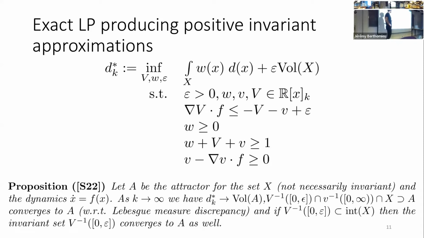So there are some more constraints here, and I have to add a penalty on epsilon, but unfortunately this is an exact penalty method, so by penalizing the epsilon by the volume of my box set, this problem here really gives me the volume of the attractor.